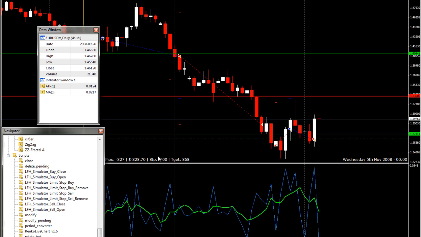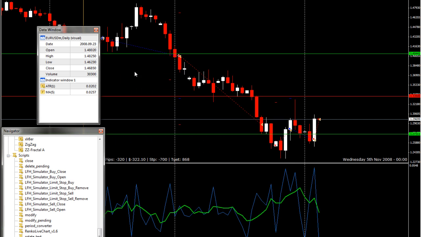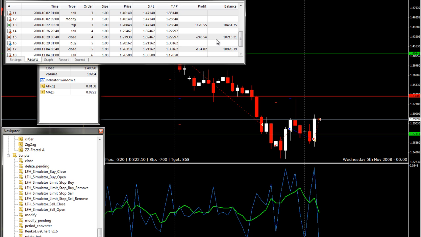And the price had gone up. So let's close the sell. And this loss was 322. So it gives a loss of 756.